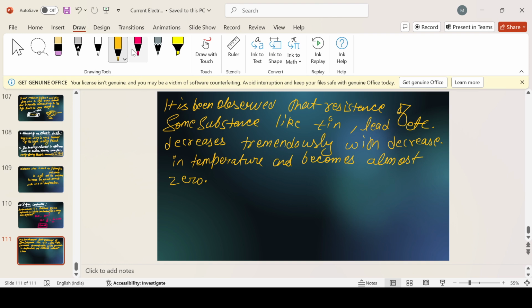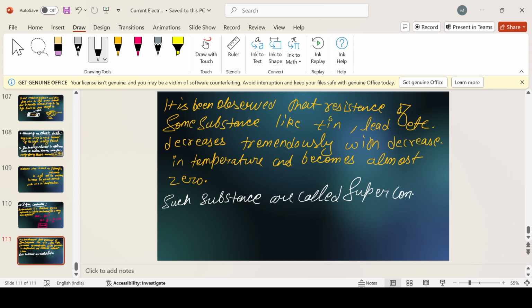Such substances or materials are called superconductors.